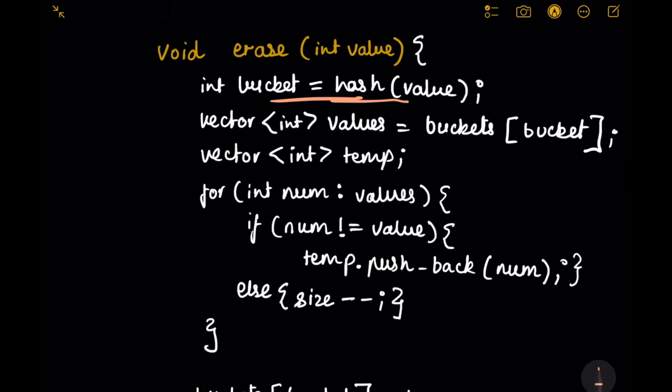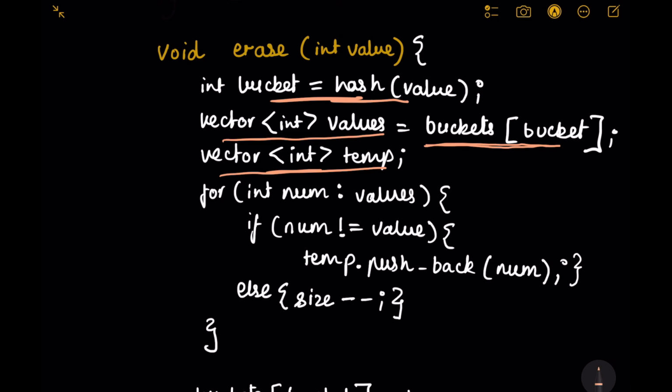Again, we take the array that is being pointed to by this particular index, because if this value is present, it is going to be present in that array, and we have made a temporary vector. Essentially, we are going to pick each element in the array being pointed to by the bucket and compare it with the value that we want to delete.